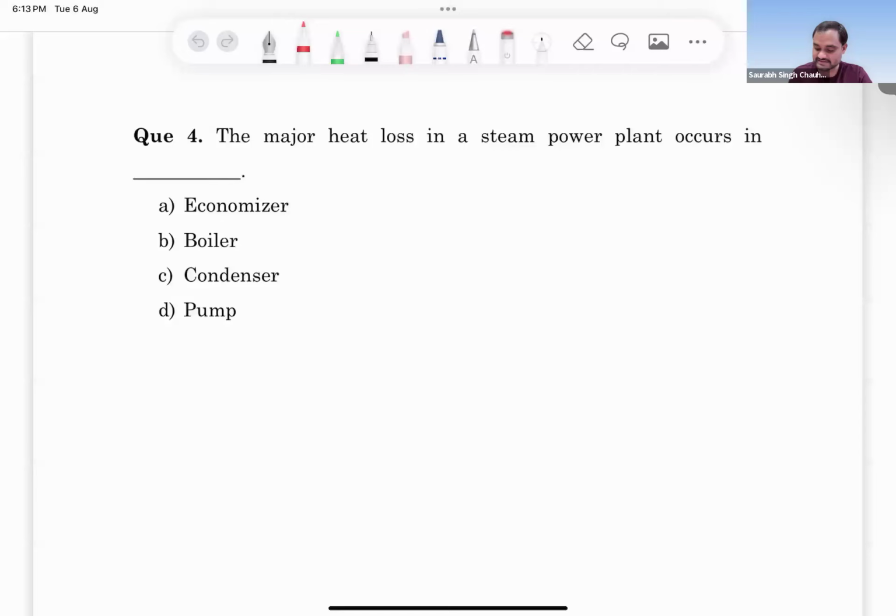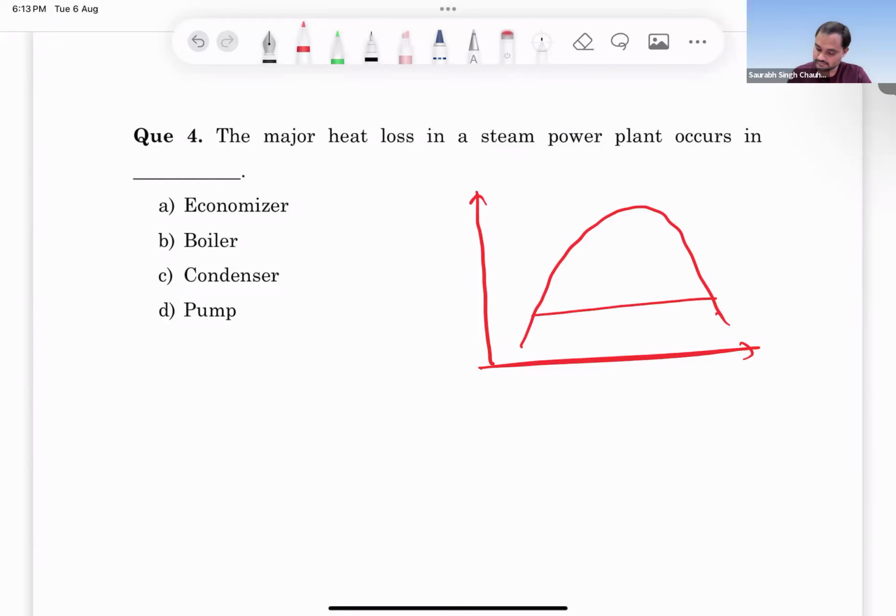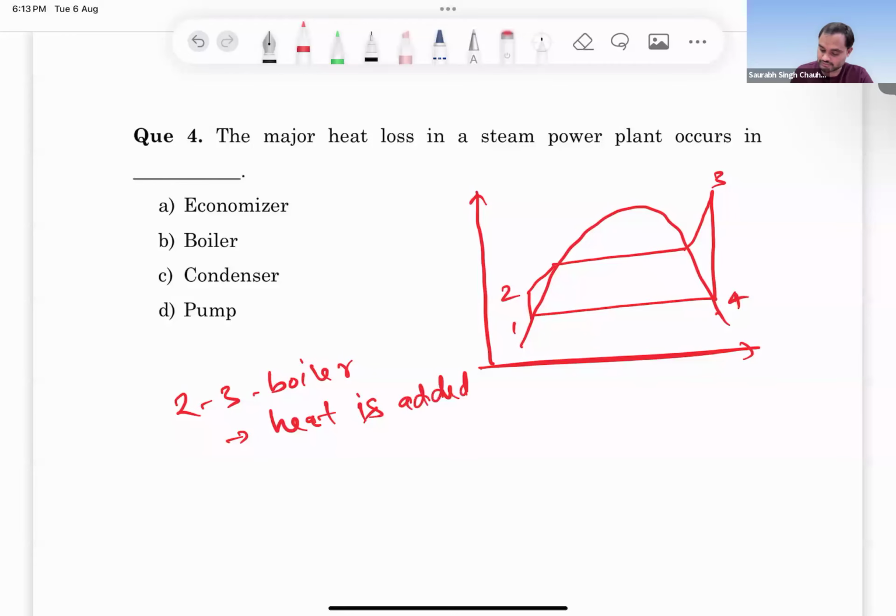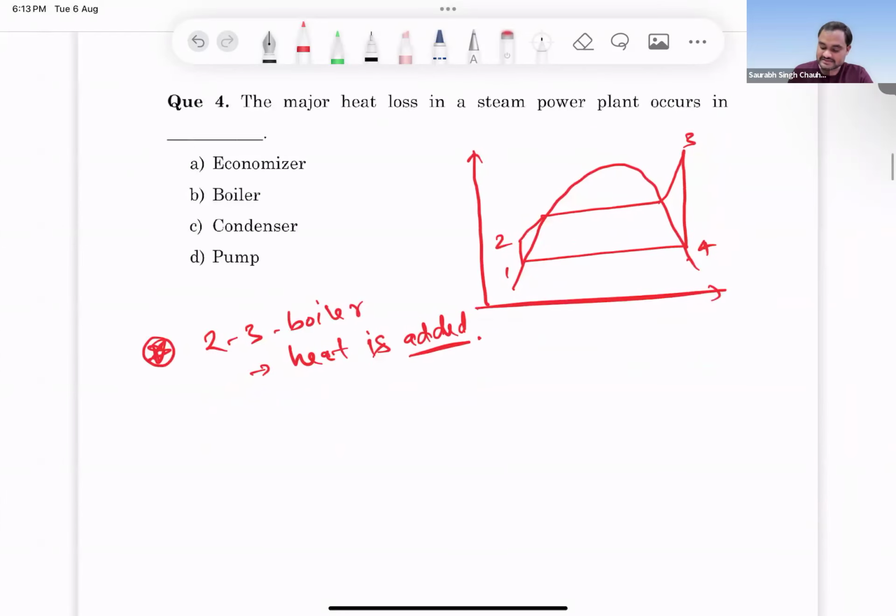So we have already discussed the processes. 2 to 3 is boiler. In boiler, heat is added. So this is the heat addition process.